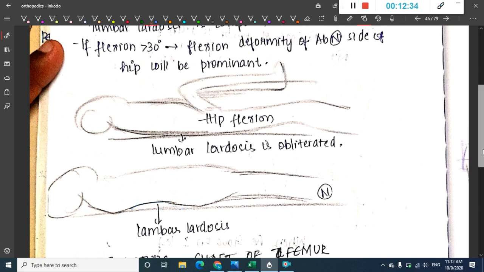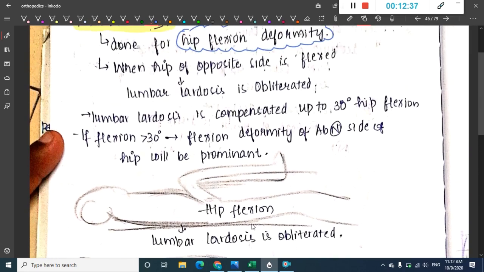But if you do a fixed flexion, if you do hip flexion, because of this hip flexion, the lumbar lordosis is obliterated. This lumbar lordosis is compensated up to 30 degrees of hip flexion. If flexion is more than 30 degrees, then the flexion deformity of the abnormal side of hip will be prominent.